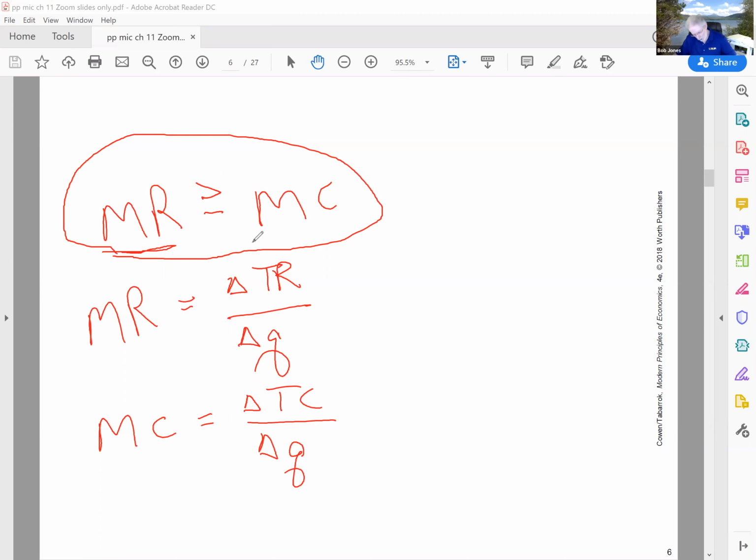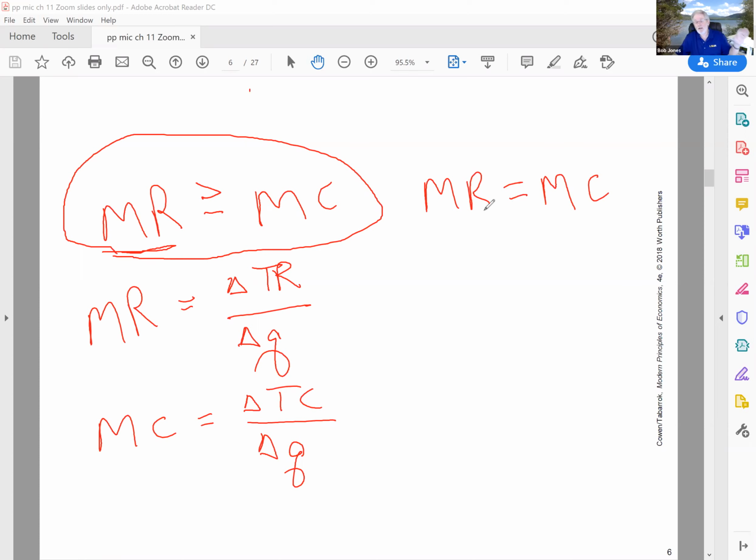And ultimately, they will reach an output level where the marginal revenue and the marginal cost are exactly equal. That is the unit that is going to add the same amount to their revenue as to their cost. And so they're really just breaking even on that unit.